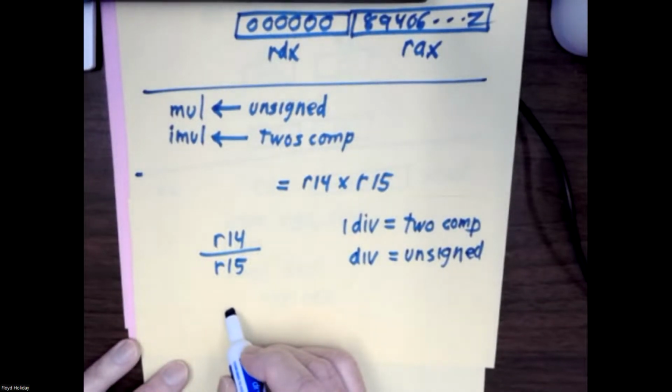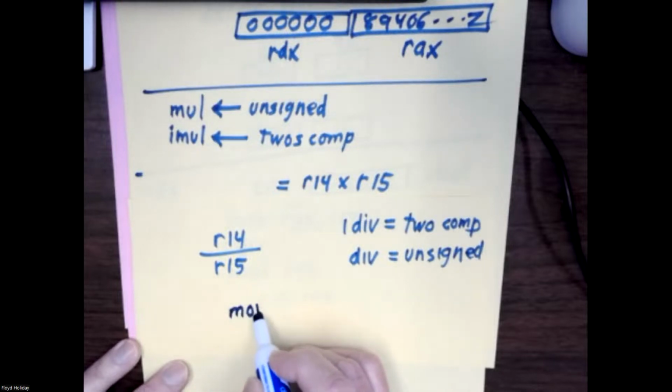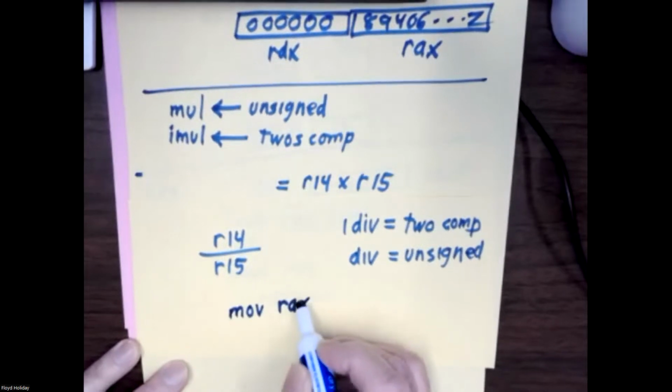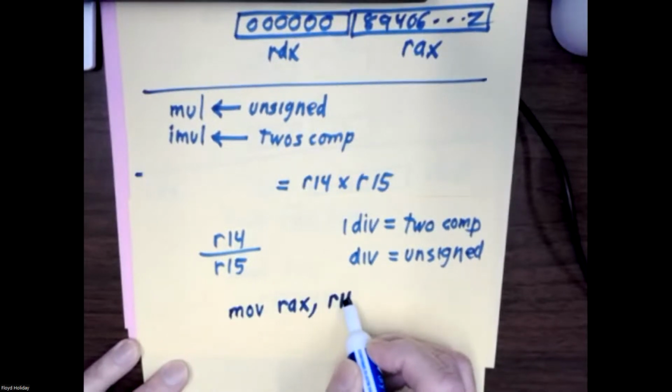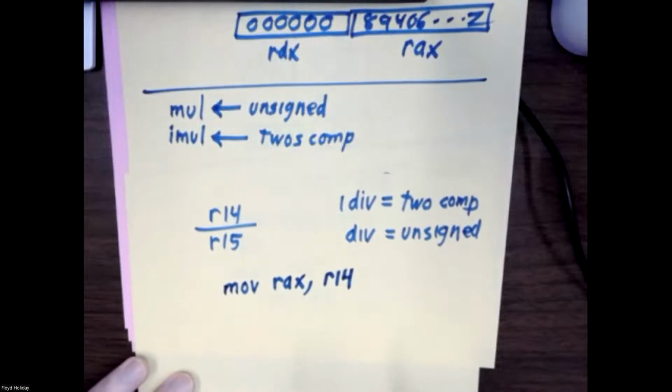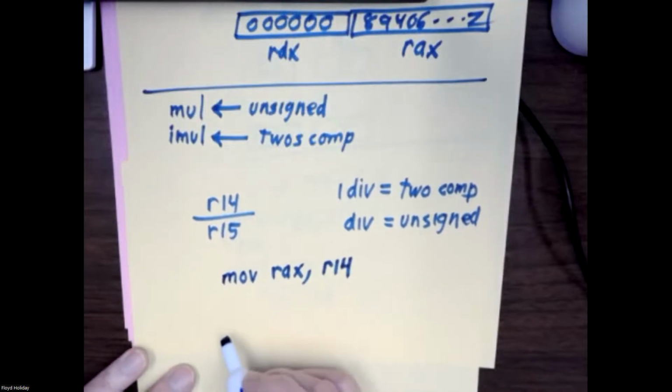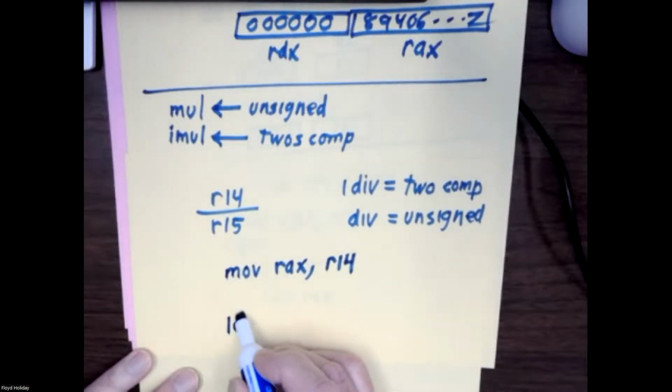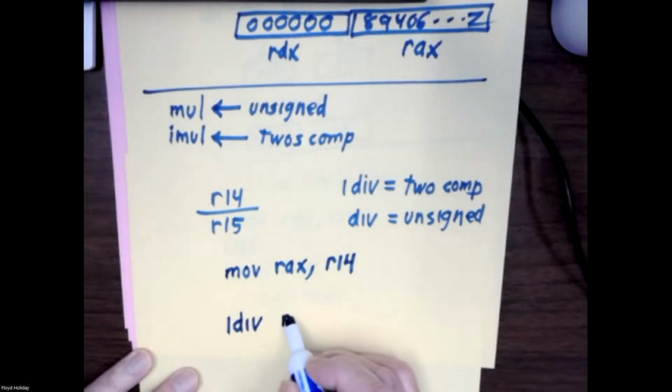What you have to do is put the numerator in RAX. Now, a few lines later, we're going to do IDIV by R15.